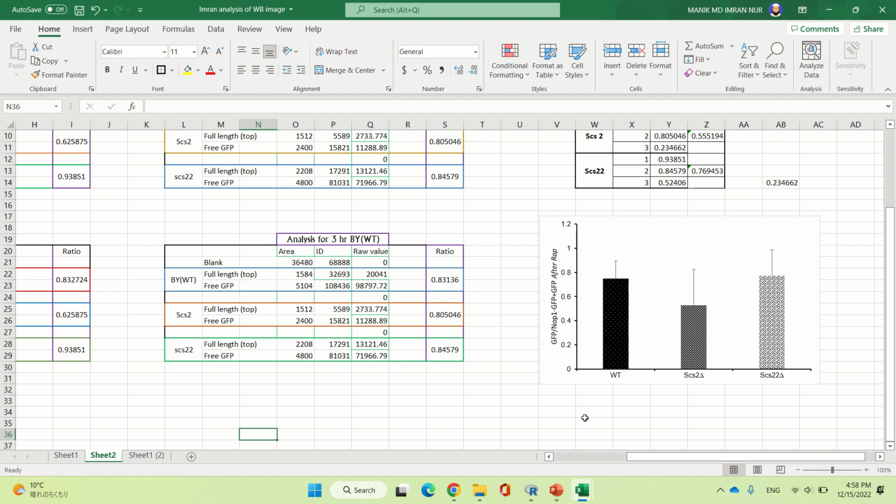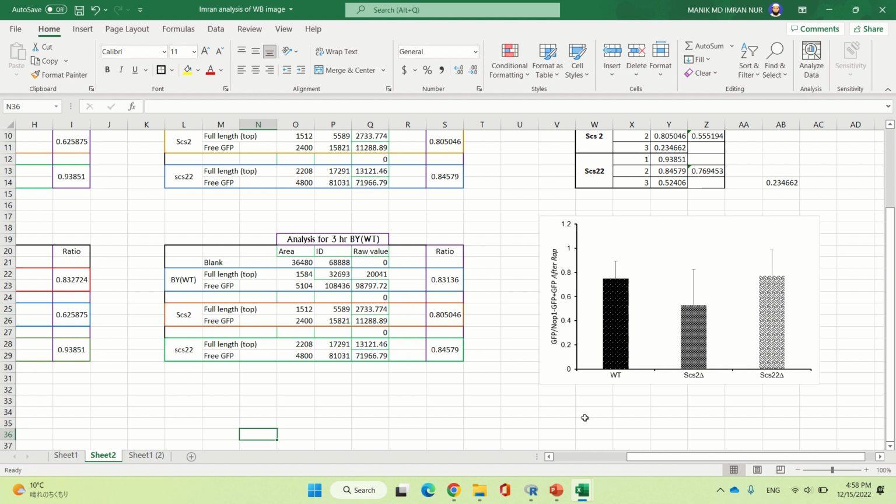But it can't be said that there is no difference, only no significant difference. No difference and no significant difference are two different things.